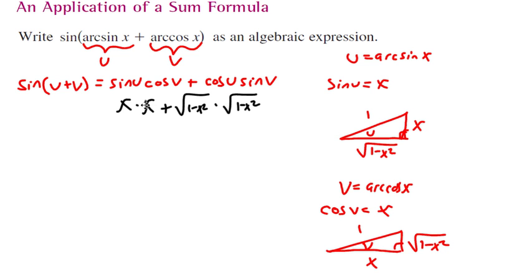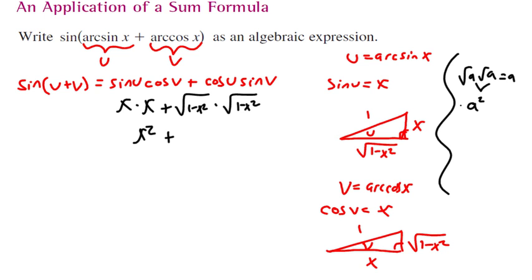Let's do a little bit of simplifying. x times x is x squared, plus the square root of 1 minus x squared times the square root of 1 minus x squared. We have a principle: if I take the square root of a times the square root of a, that's just going to be a. The reason is that if I multiply the same thing, I get a squared, and if I take the square root of a squared, I just get a.